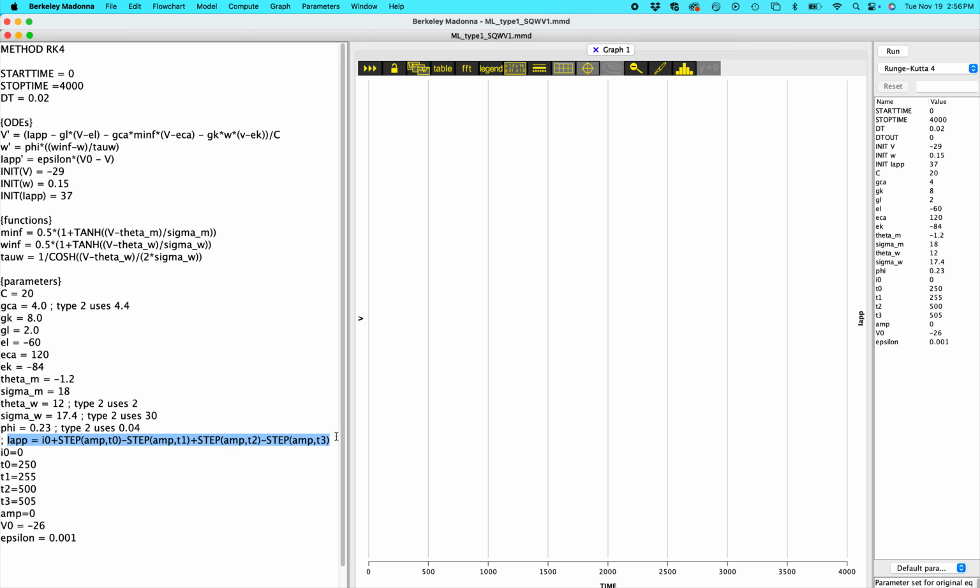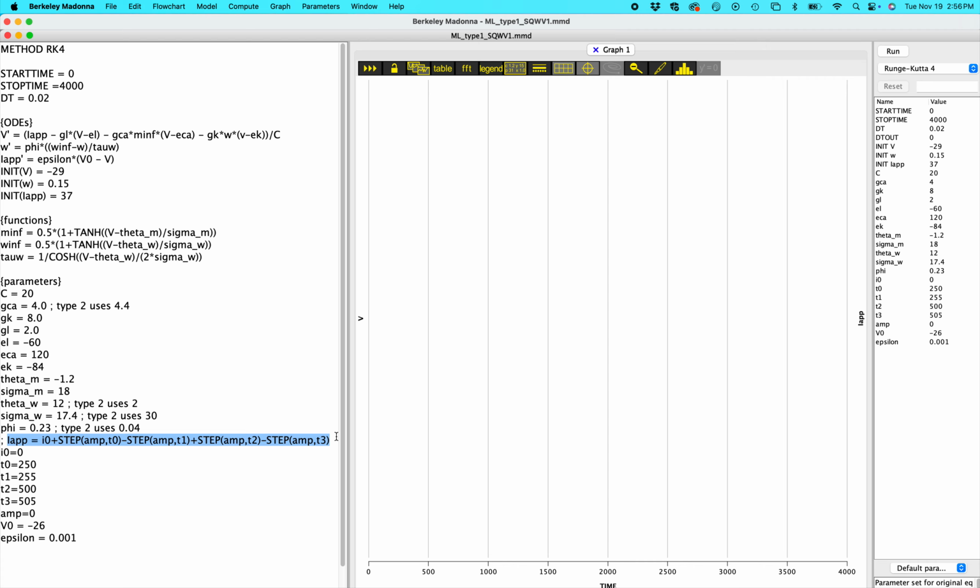So you can bring it up, bring it down, bring it up, bring it down. You can bring it up as much as you want, down as much as you want, at times that you want. But if you leave these times, T0, T1, T2, T3, very high numbers, or you make the amplitude 0, then those steps never happen and you just have bias.